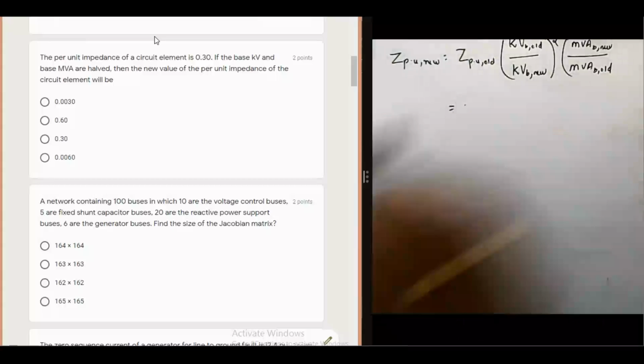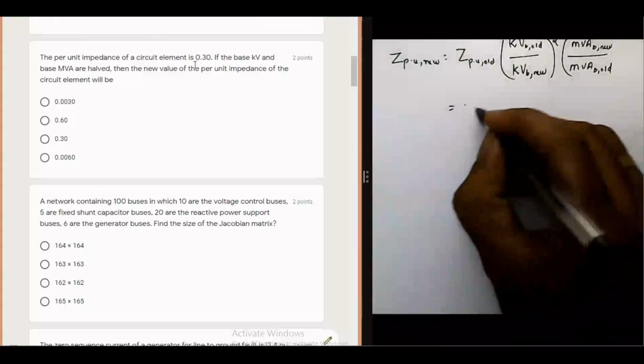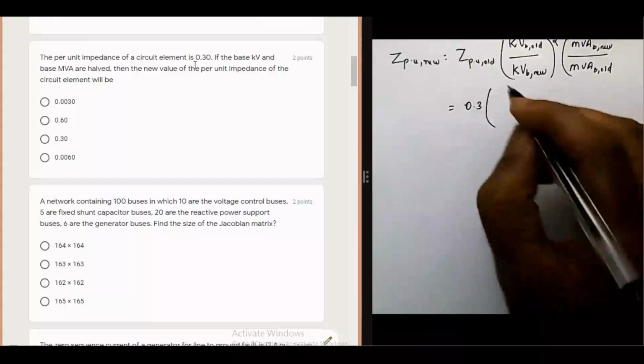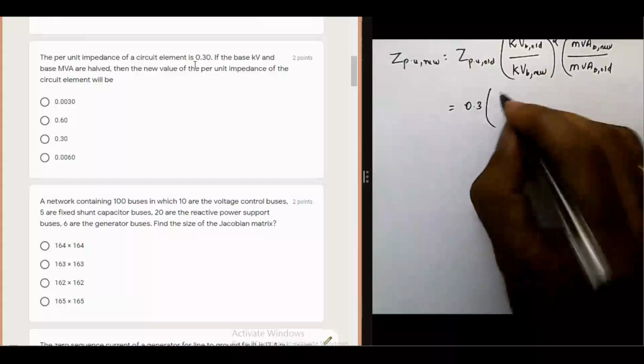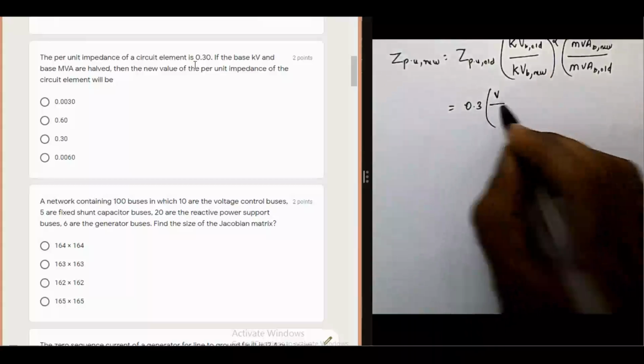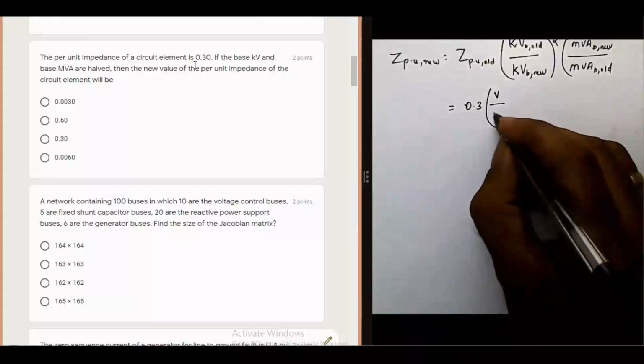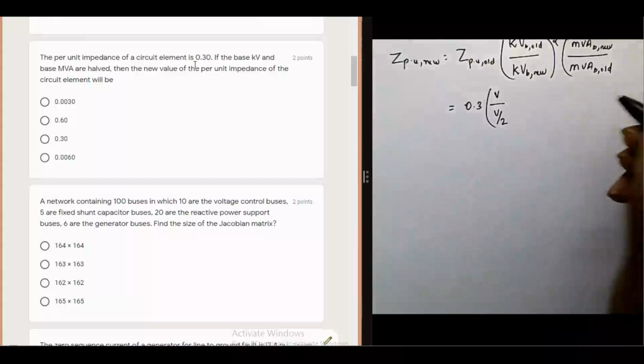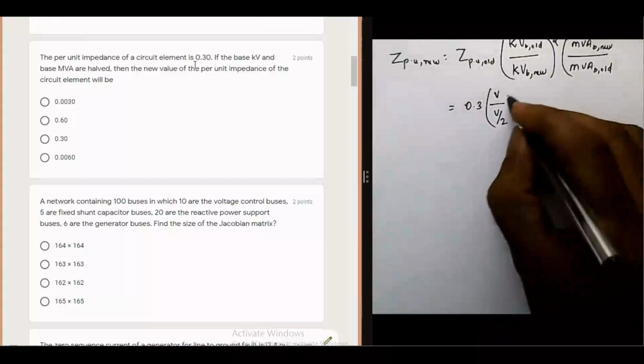Here Z per unit old is 0.3. Then kVb old value is not given, so just take any one letter, voltage is taken as V. The new value is the actual value divided by 2, V by 2, substitute.